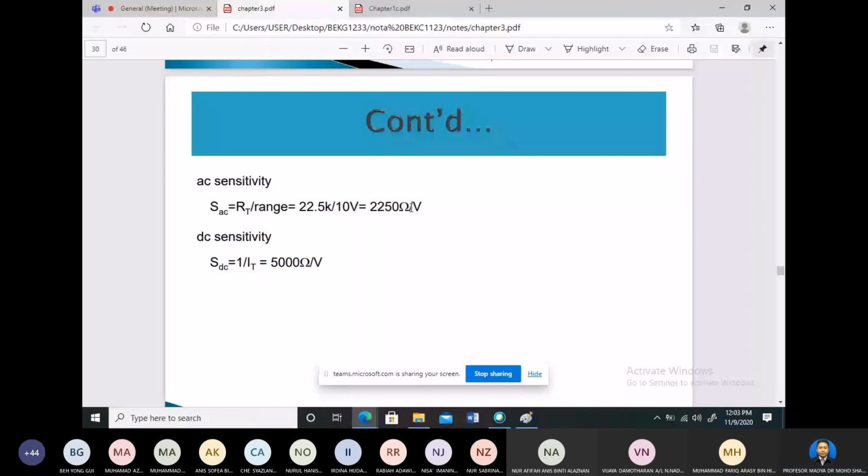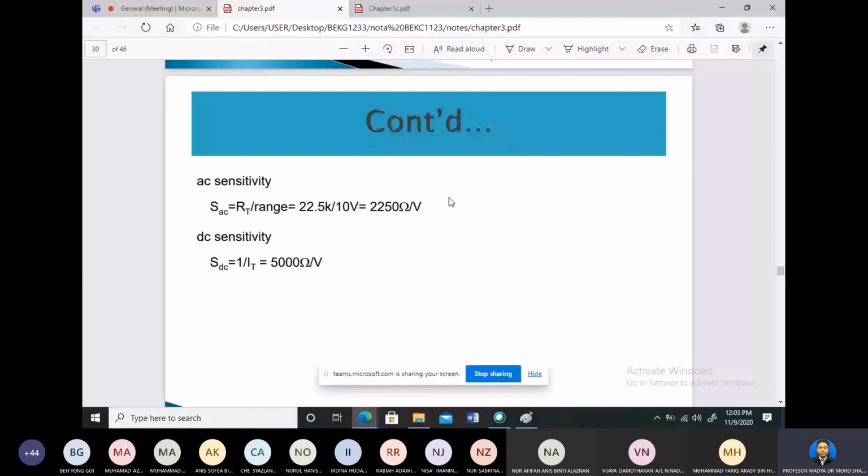And then to calculate the DC sensitivity, it equals 1 over IT. This is another formula to calculate the DC sensitivity. For example, the AC equals 0.45 of the DC.